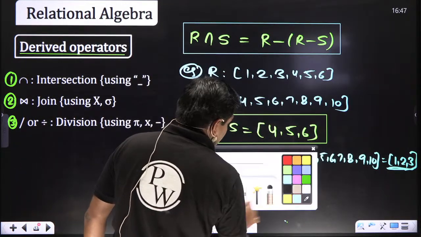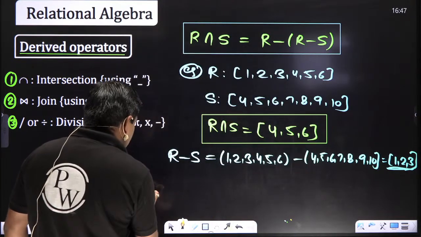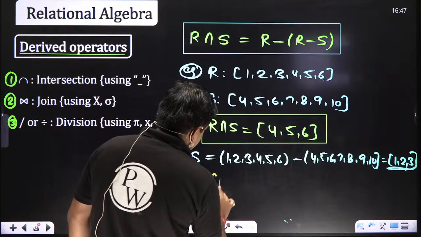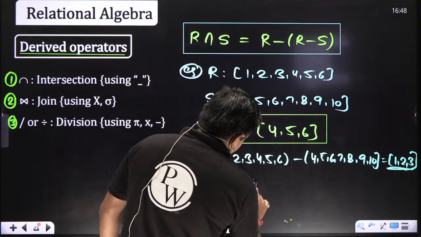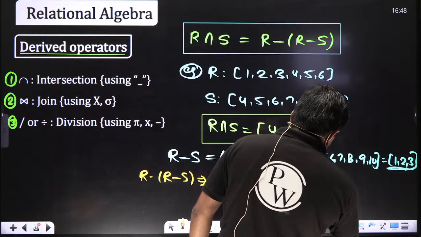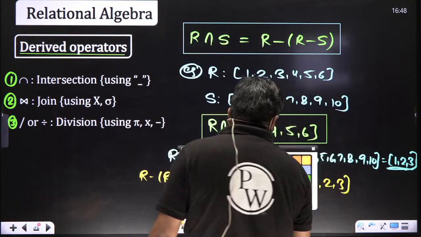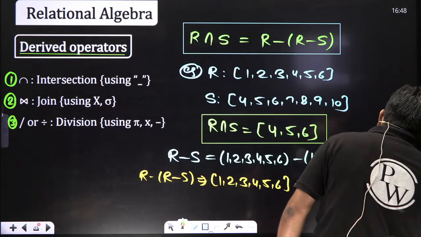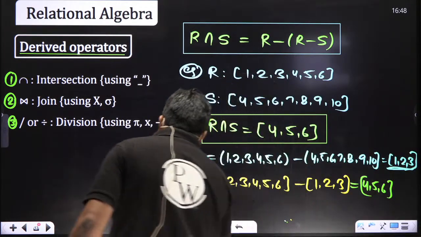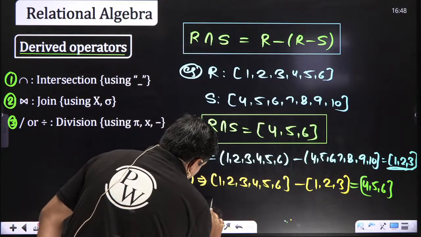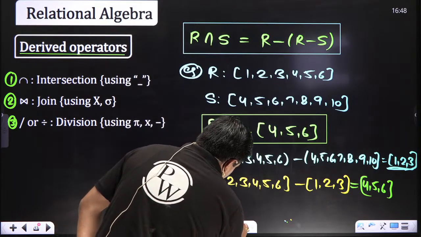Now, my dear, when you subtract R minus S, what value you will get? 1, 2, 3, 4, 5, 6 minus 1, 2, 3. You will get 4, 5, 6. Meaning to say, you are getting R minus (R minus S) equal to 4, 5, 6.